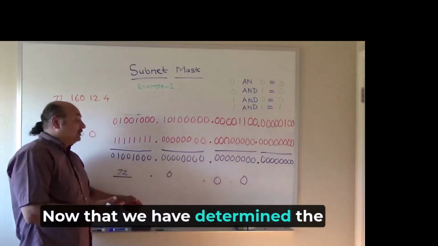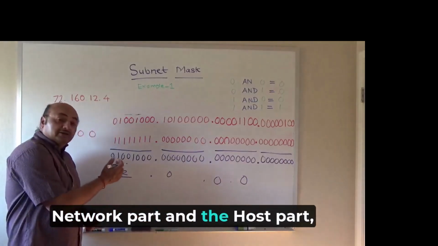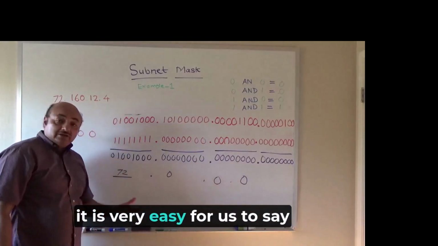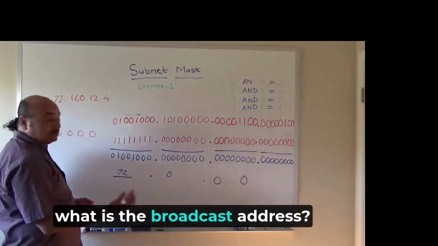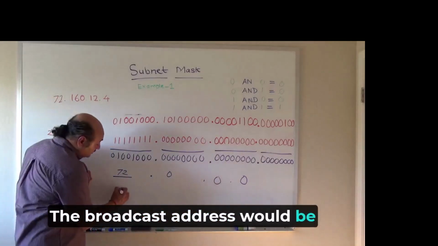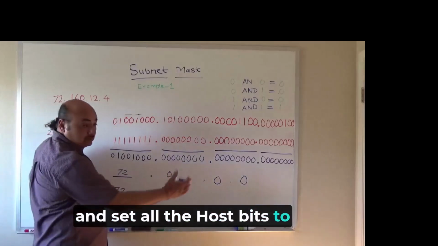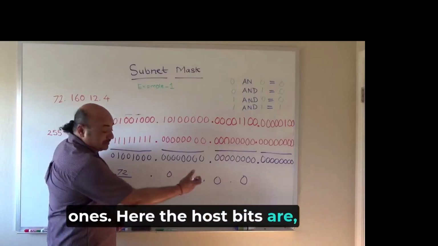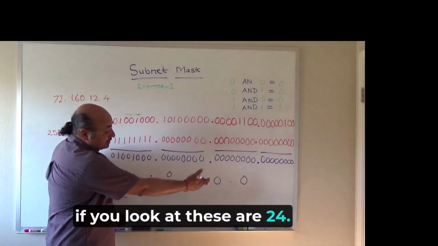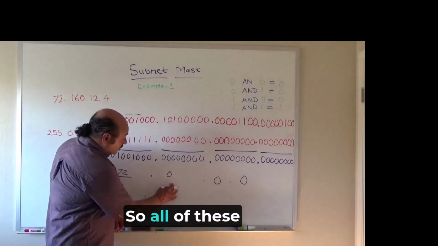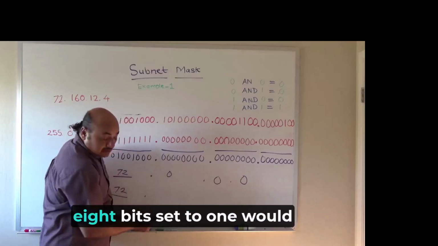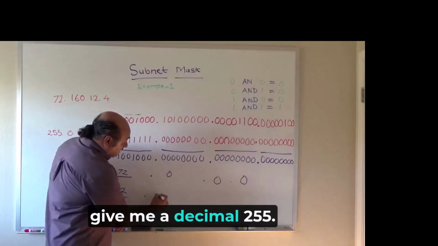Now that we have determined the network part and the host part, it is very easy for us to say what is the broadcast address. The broadcast address would be, leave the network part as it is and set all the host bits to ones. Here the host bits are 24. So all of these 8 bits set to 1 would give me a decimal 255.